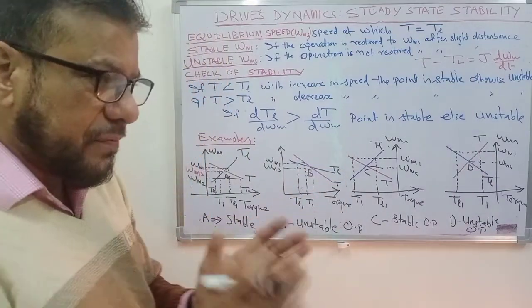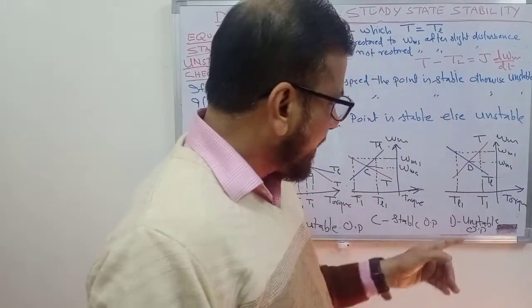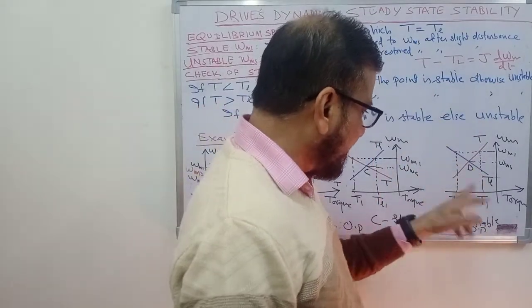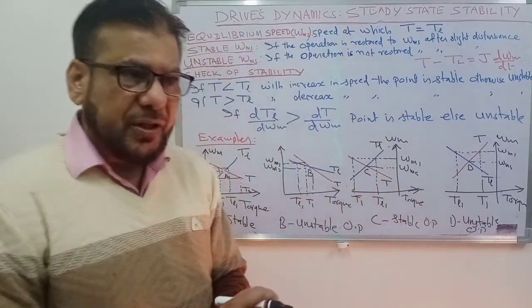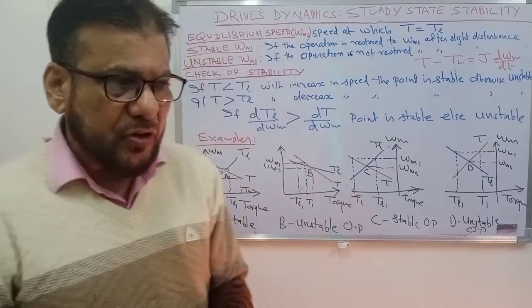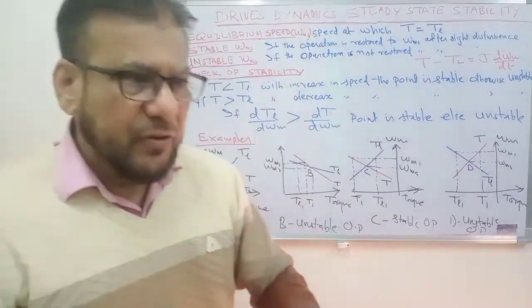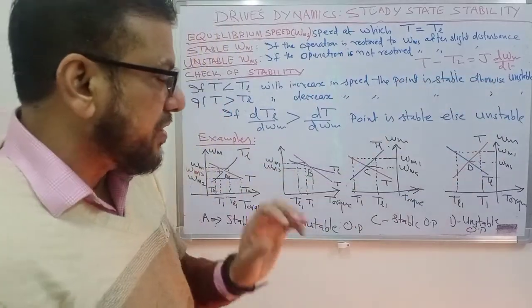Again, think in terms of magnitude. The motor speed has increased. For a stable operation, the magnitude of driving torque should become less than the magnitude of opposing torque, so that the motor speed is restored back to the original speed.